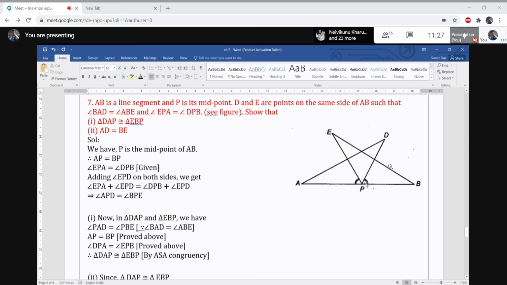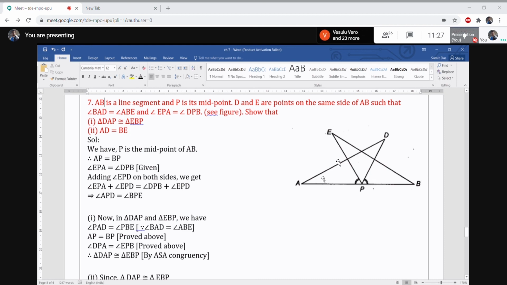Okay, D and E are on the same side of AB such that angle BAD and angle ABE, these two angles, are equal. This angle and this angle are equal.